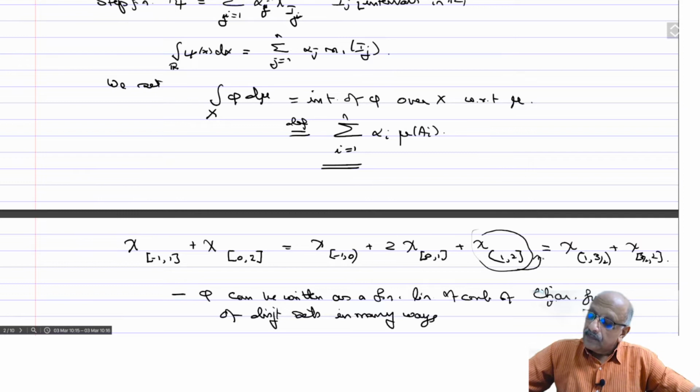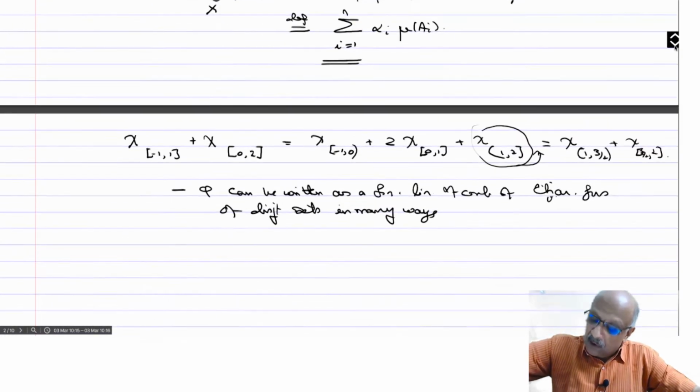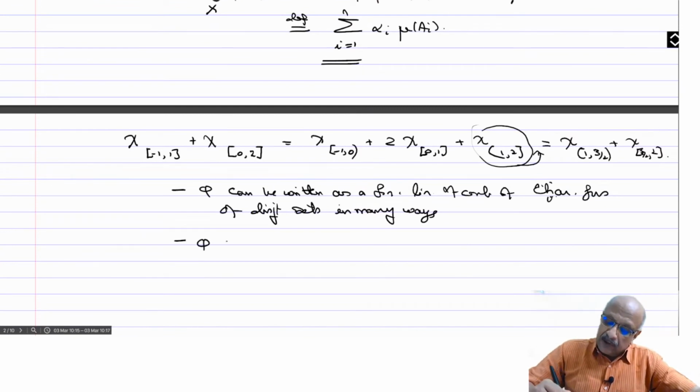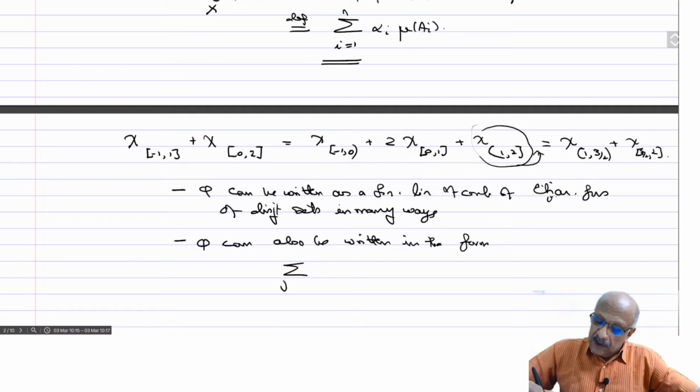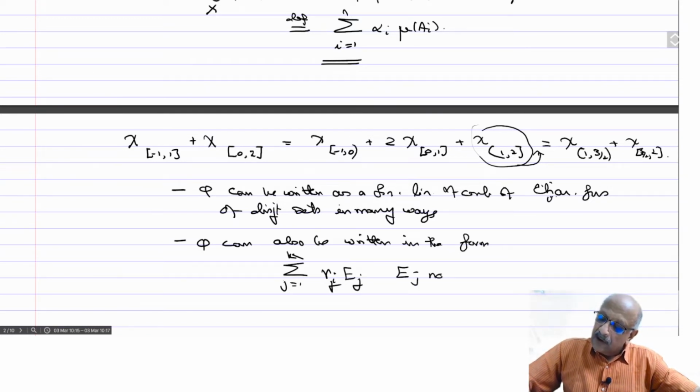So there are many ways in which you can write it, and phi can also be written in the form sum over j equals 1 to k of gamma_j chi of E_j, where the E_j are not necessarily disjoint.